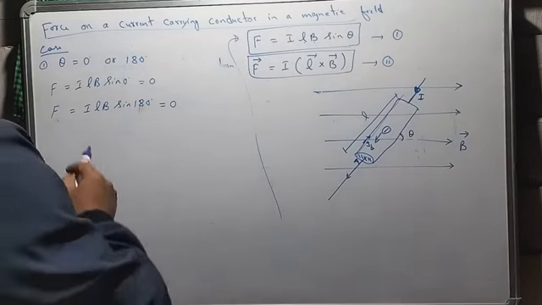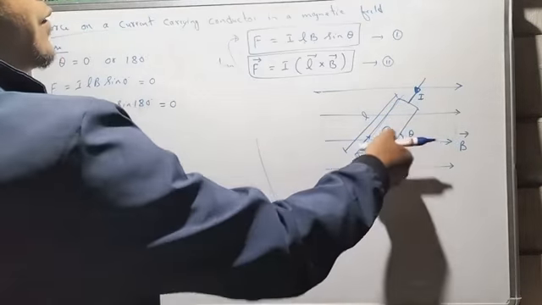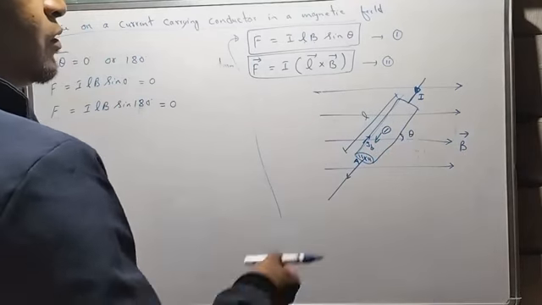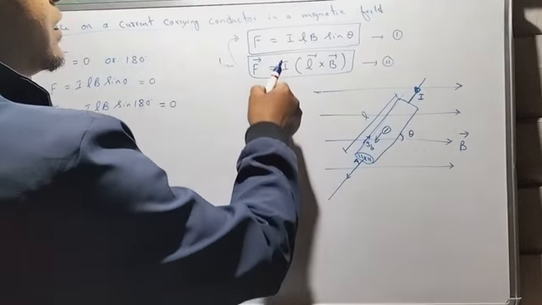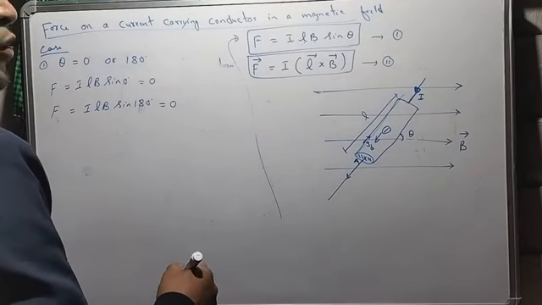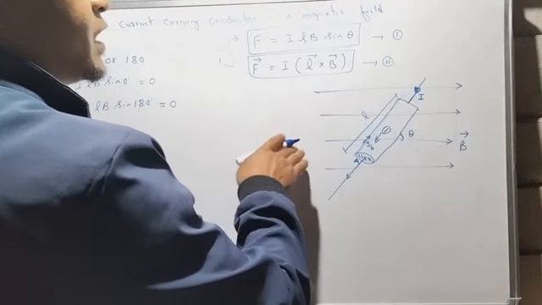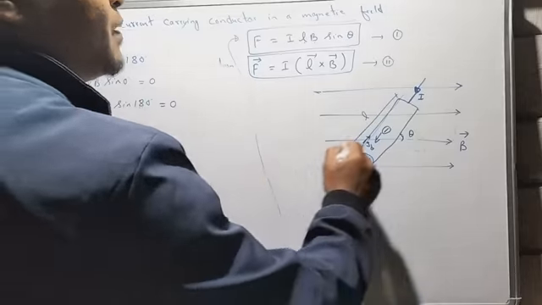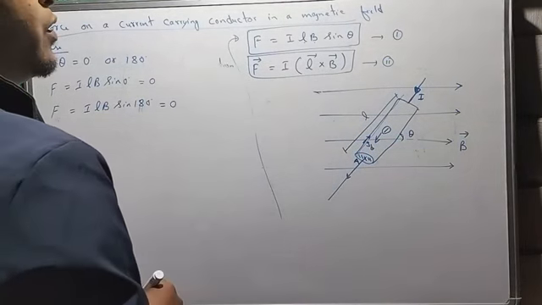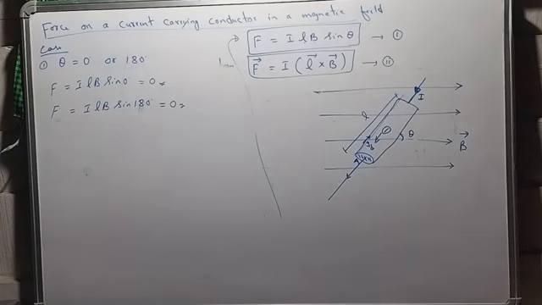It means that if the conductor is arranged parallel to the magnetic field, the magnetic force acting on the conductor will be 0. In other words, when the conductor carrying current is placed parallel or anti-parallel to the magnetic field, it will not experience any magnetic force.